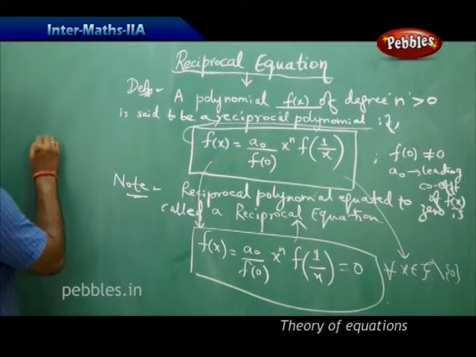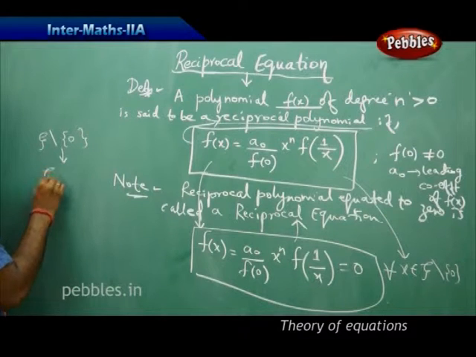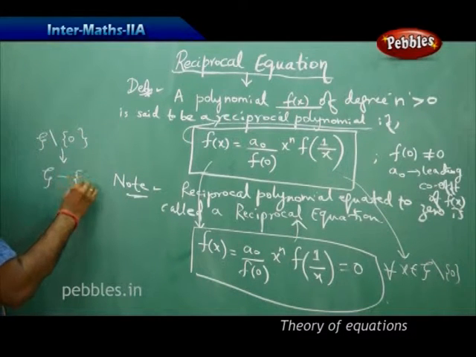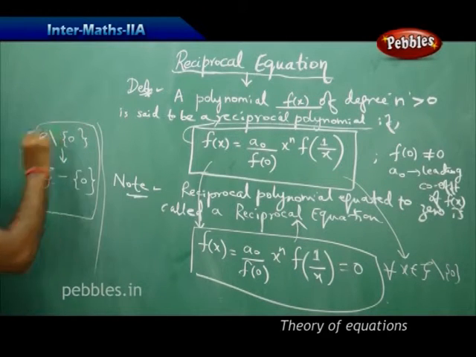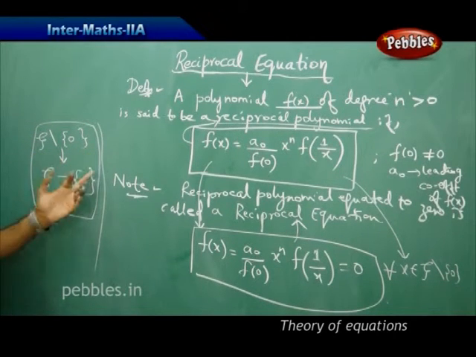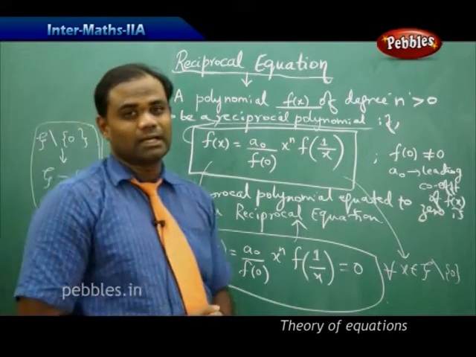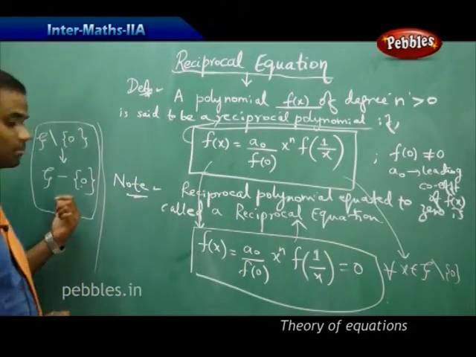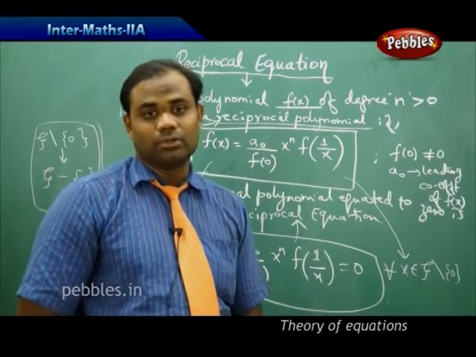When I say C oblique 0, it is understood that this indicates all complex numbers except 0. This is how I understand the notation C oblique 0 or C minus 0. So this set does not include 0, but other than that it includes all the non-zero complex numbers. This is how I understand for all x belonging to.